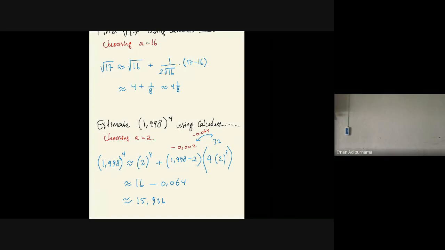And if you go directly like this, that is also fine, meaning you understand that this is your f(a), this is x minus a, this is the derivative, and you plug in the number a here. Any questions? Any questions?